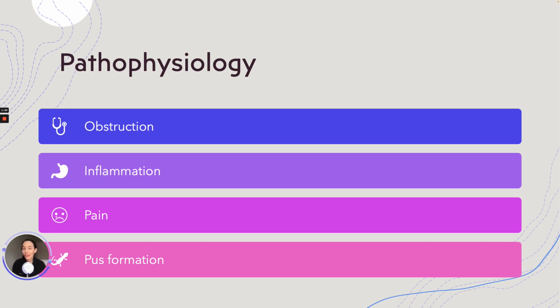Periumbilical is an important word. If you see that on a question, it's probably appendicitis. The pain becomes localized in the lower right quadrant of the abdomen within a few hours, and it can also lead to pus formation, as the inflamed appendix will actually fill up with pus.